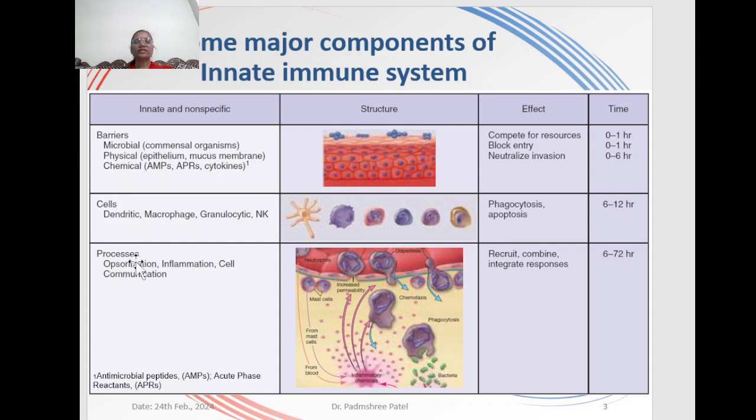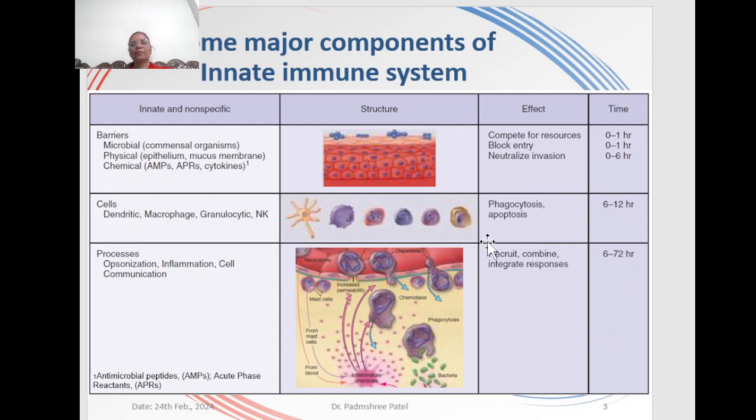There are certain processes which are also classified under the innate mechanism. It includes opsonization, which helps the phagocytic cells to engulf the organism and helps our second line of defense mediate a more effective response against the invader. The next is inflammation, and another is cell-to-cell communication.